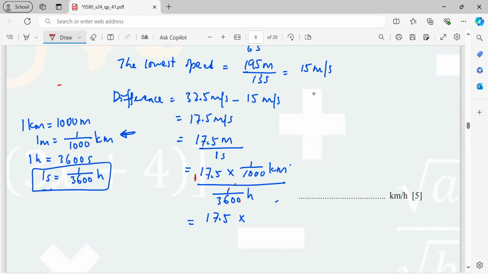This is basically moving up, which means this is the same as 3600 over 1000, kilometers per hour. If you simplify, therefore this is going to be 63 kilometers per hour. So that is the conversion from meters per second into kilometers per hour.